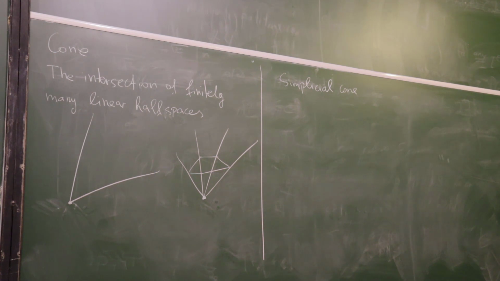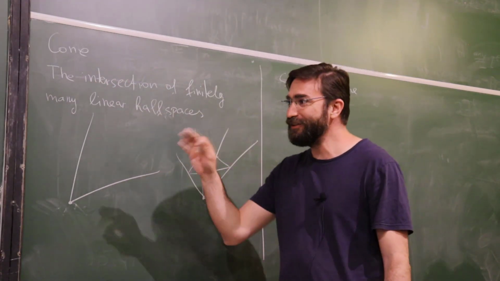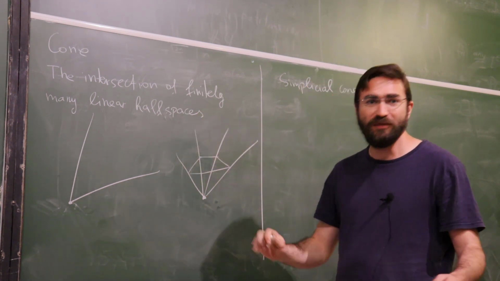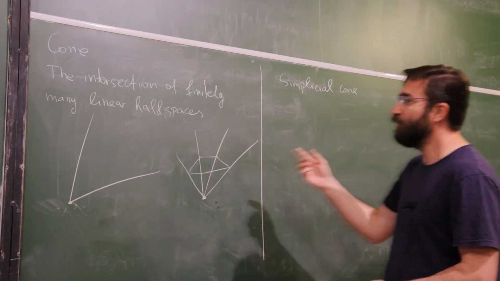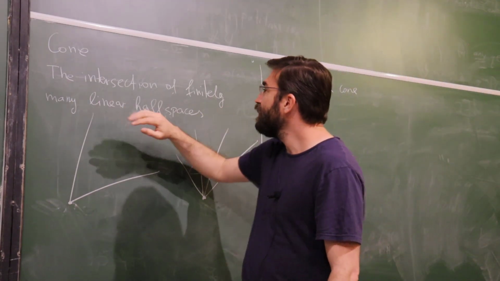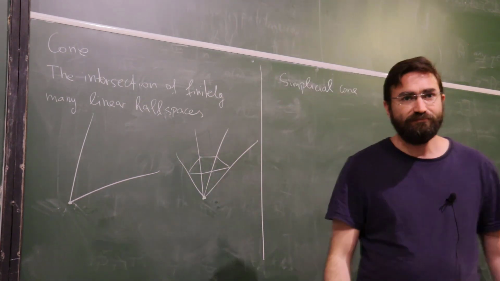Beta 0, that's cool. I will never use this again. It's just a definition. Essentially, it means the intersection of finitely many half spaces going through the same point.